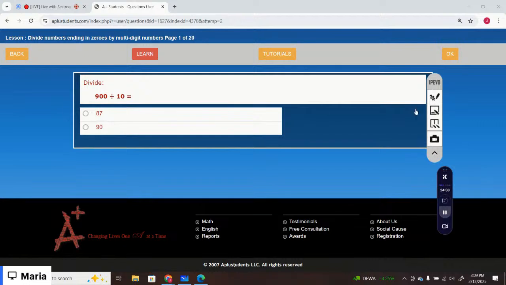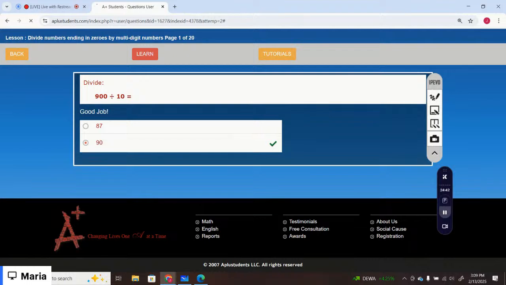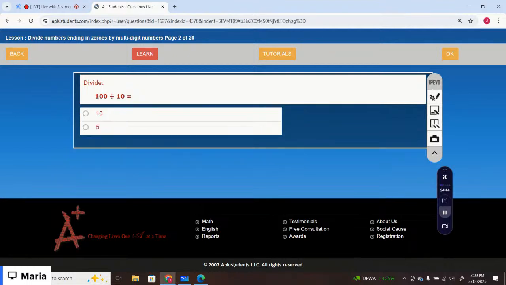Option number 2 is the correct option. 100 divided by 10 is 10.